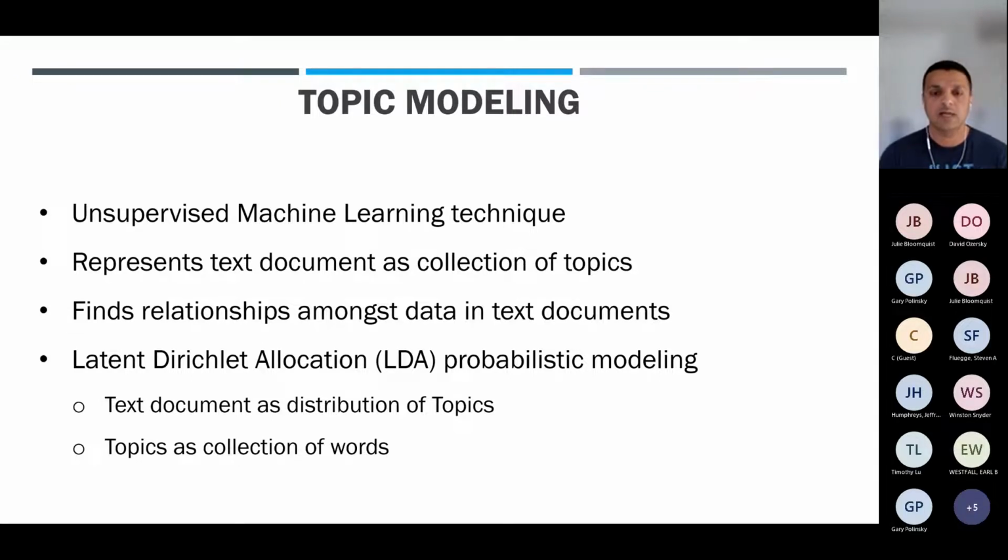Typical topic modeling algorithms will represent your text document as a collection of topics. These models then find the relationship amongst the various data points, the various topics that it has collected in the text document, and then it applies a technique called latent Dirichlet allocation, which is a probabilistic modeling technique to come up with the top 5, top 10, or top n number of topics that you can find in a text document.